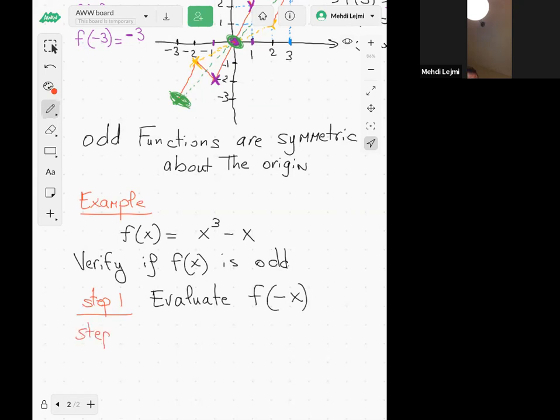We need to compare f of minus x to minus f of x. So we have to compare f of minus x, what we got in the first step, with the opposite of f of x. Okay. So don't forget, we have to compare it with the opposite of f of x. All right, so let's see.